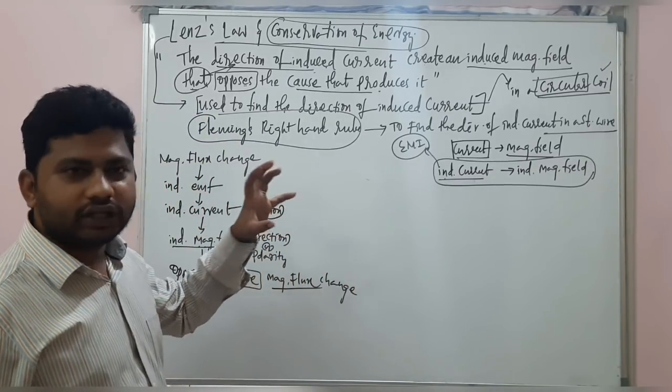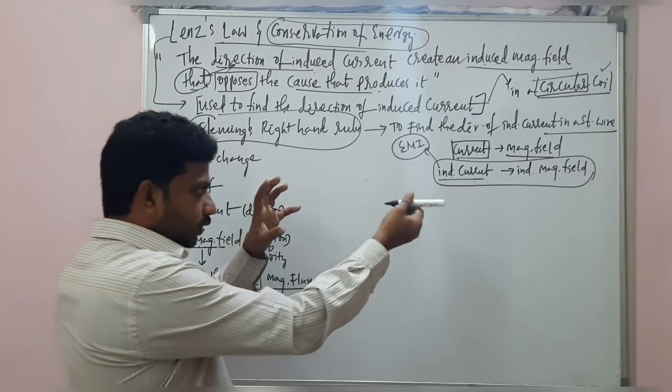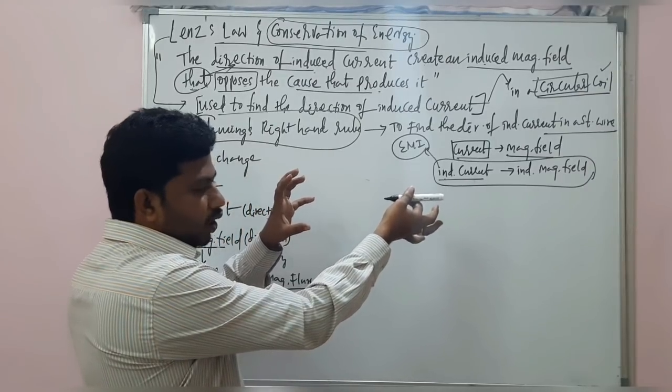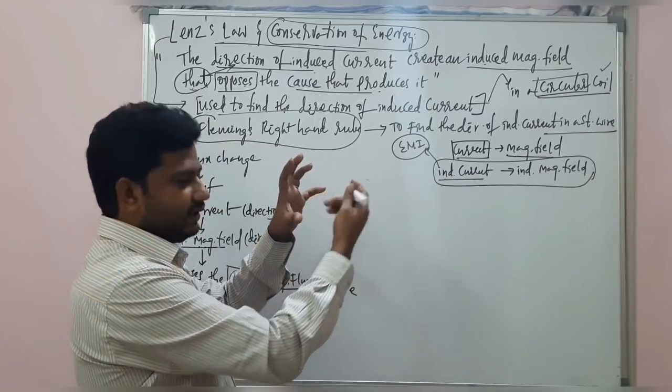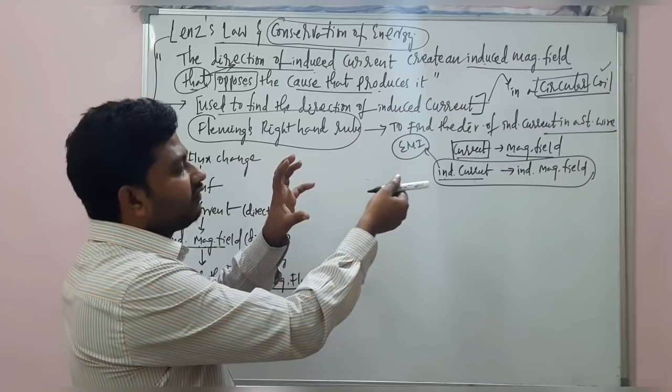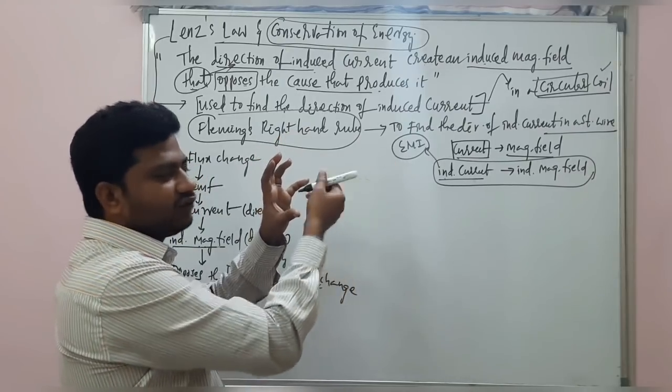For example, look at here, my dear students, a simple example I am going to take here. There is a coil here. The north pole of a magnet is moving towards the coil. So flux will increase, right? Because more field lines will pass through the coil as it is moving towards it.